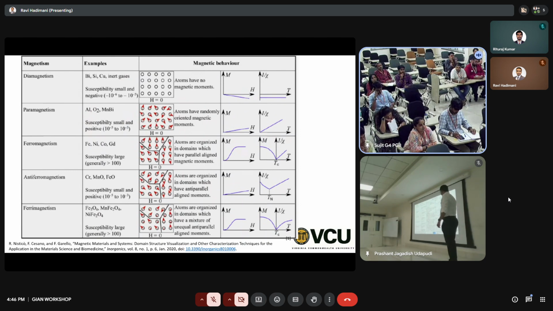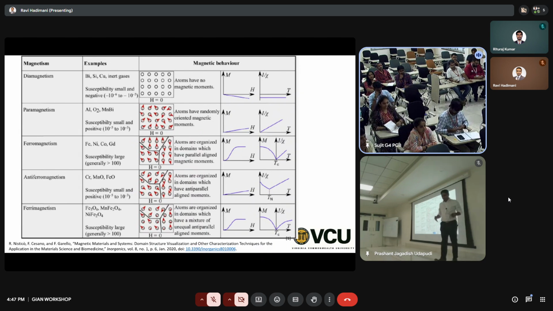For ferromagnet, you have a very high sudden jump, and then it saturates. This is the key hallmark of ferromagnetic materials. They have really high magnetization or magnetic flux density, but then after a while they saturate. Whereas paramagnets don't saturate at all, they keep going. Okay, so these are the two hallmarks.